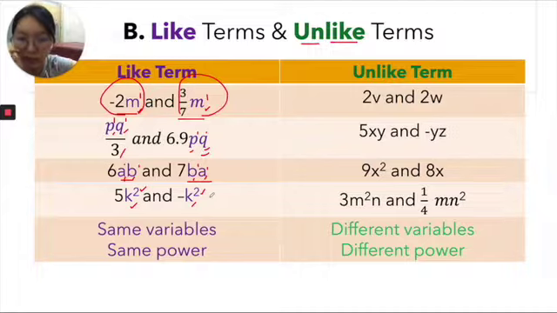Don't forget, negative K square, if you break it up, is negative 1 multiplied by K square. If I only compare variables, this is K, this is K, power of 2, power of 2. So the negative belongs to the negative 1 here.